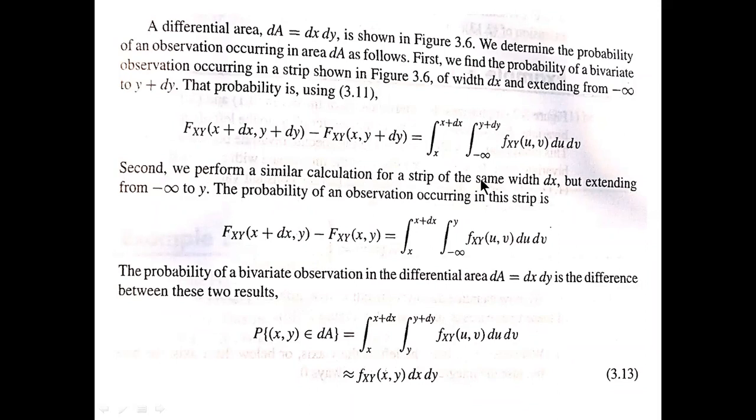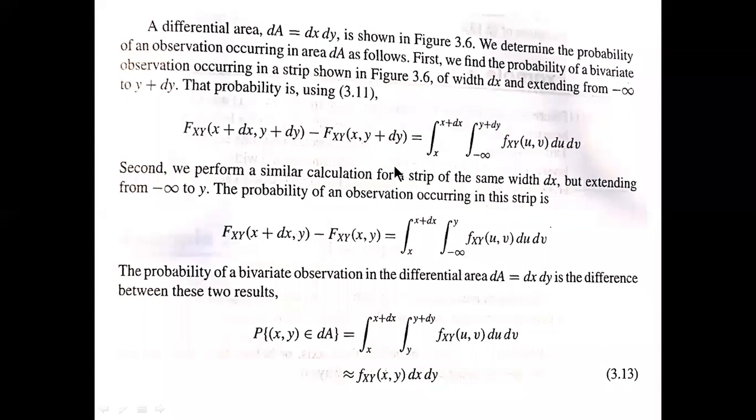Second, we perform a similar calculation for the strip of width dx, but extending from minus infinity to y. So here it is minus infinity to y plus dy, and here it is minus infinity to y: x plus dx comma y, x comma y. The limits will be the same as before for x, whereas for y it is y plus dy in one and only y in the other.